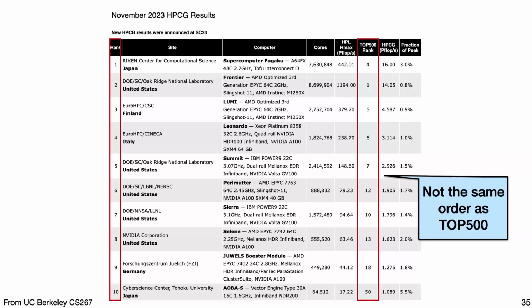The number 1 in HPCG is the number 4 in TOP500. At that time, the number 2 in HPCG was the number 1 in TOP500. So it's not so far off. It's not like number 1 in HPCG is number 100 in the TOP500, but different machines are optimized for different things, and so it's not necessarily to be assumed that something that is really good at dense matrix computation will be as good at sparse problems.